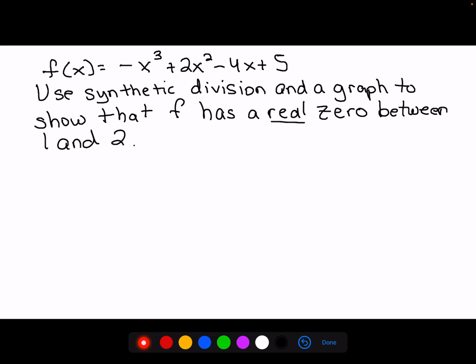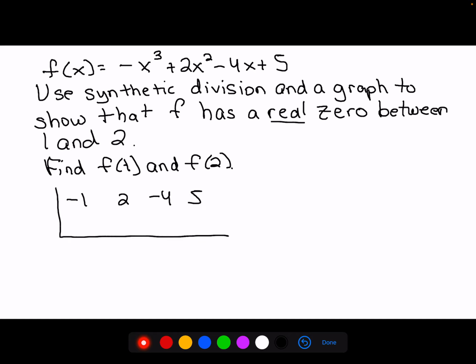Okay, so what do we need to do? We basically need to find f at 1 and f at 2, and we need to look at their signs. And we can find f at 1 and f at 2 using the synthetic division that they're asking us to do here. So we can take our function, and our coefficients are -1, 2, -4, and 5. We can divide by 1, and then that remainder tells us the answer. So f at 1 equals 2.